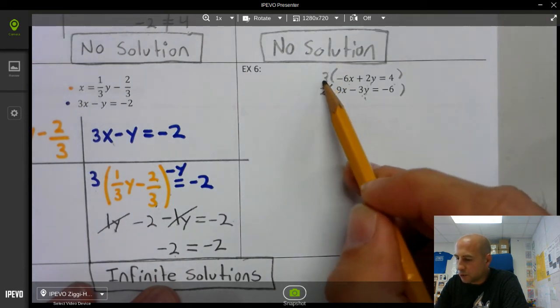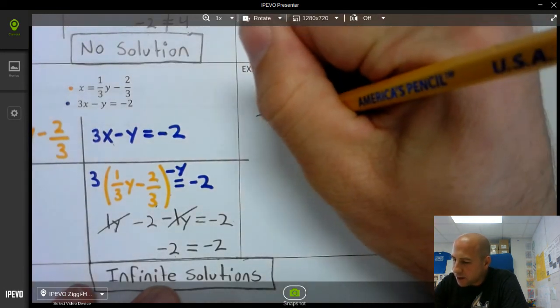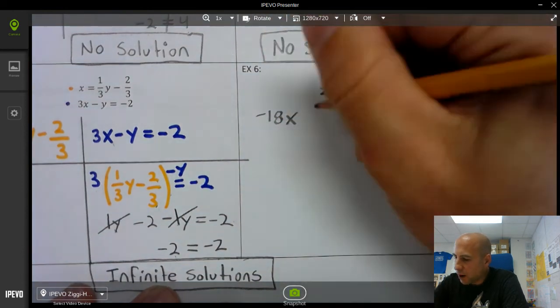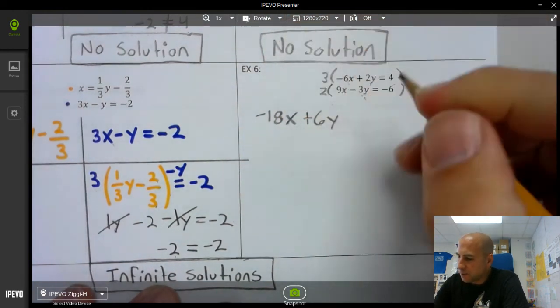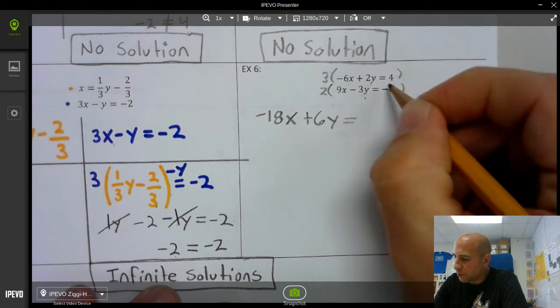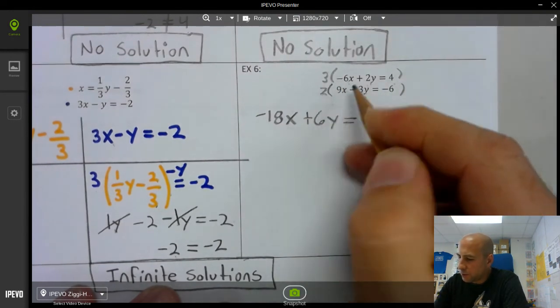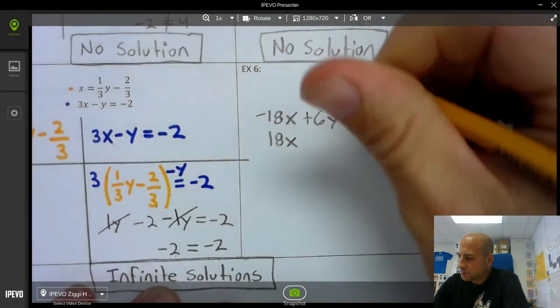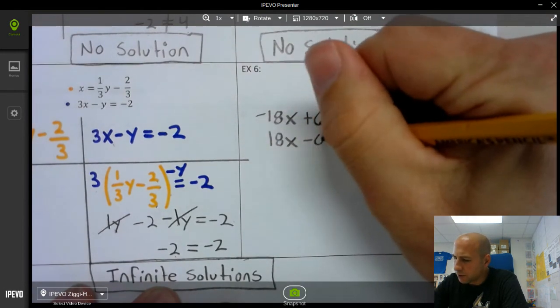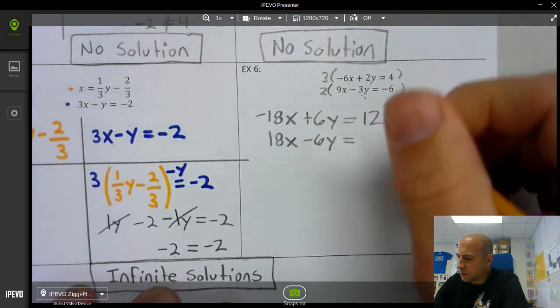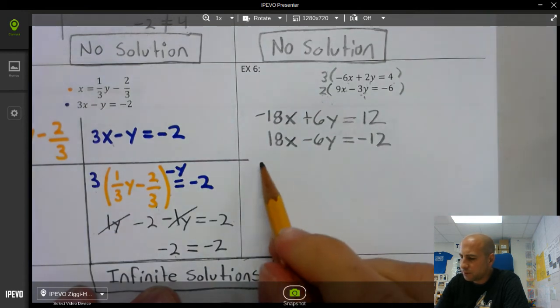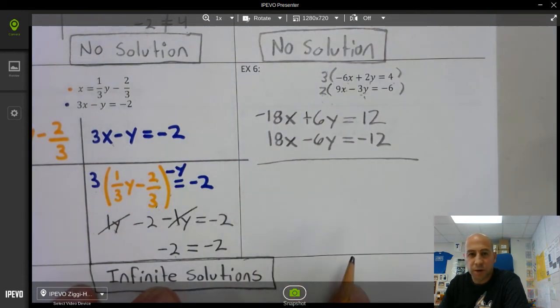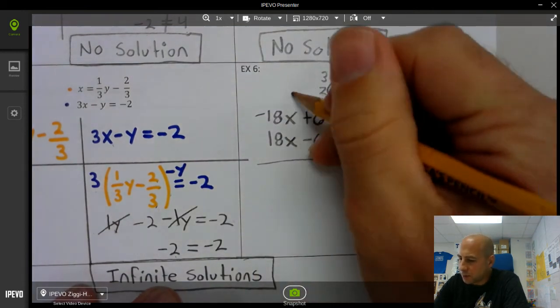And let's watch what happens. So 3 times negative 6 is negative 18x. 3 times 2y is a plus 6y equals 3 times 4 is 12. 2 times 9 is 18x. 2 times negative 3 is negative 6y. And 2 times negative 6 is negative 12. So we add vertically. This becomes 0, this becomes 0.